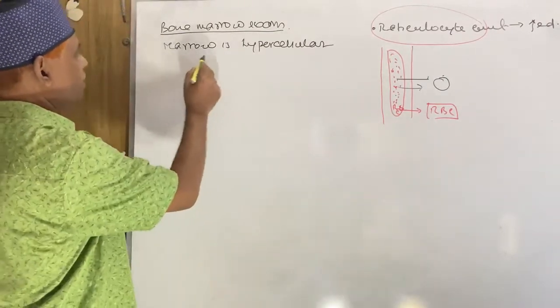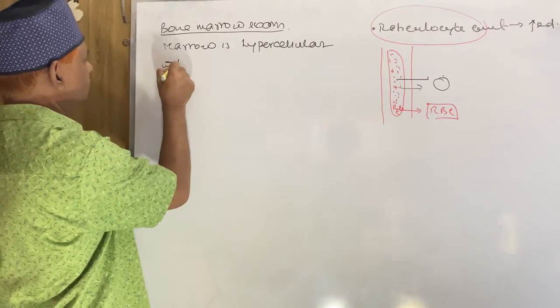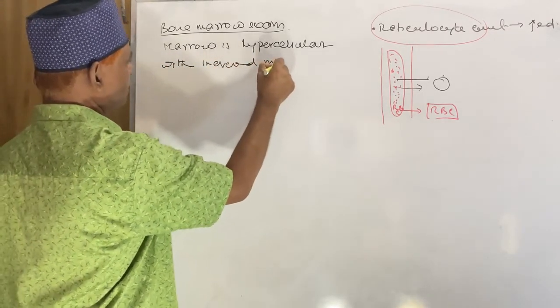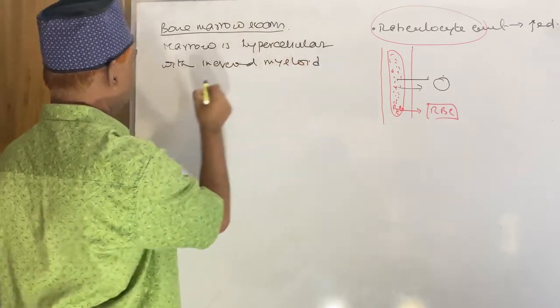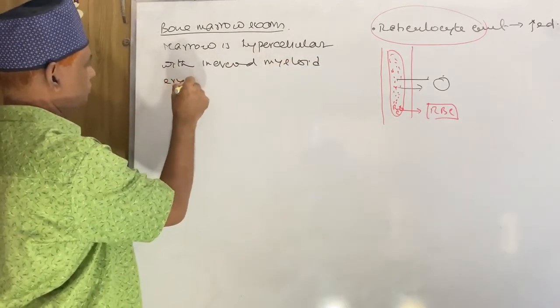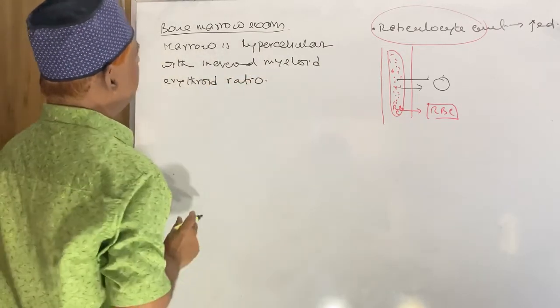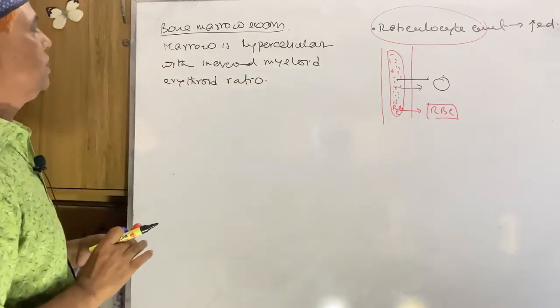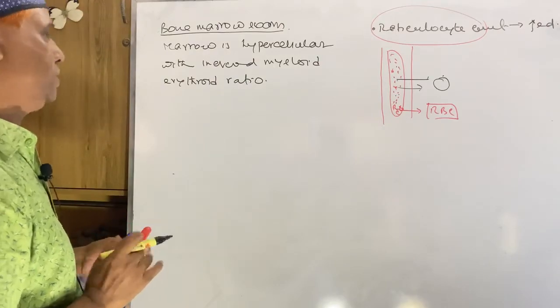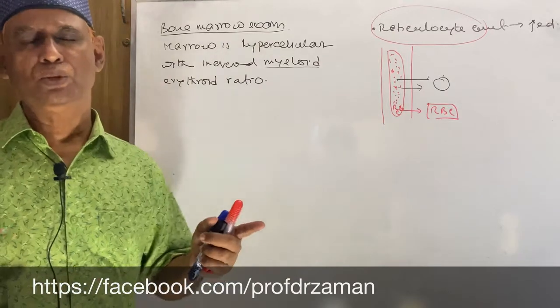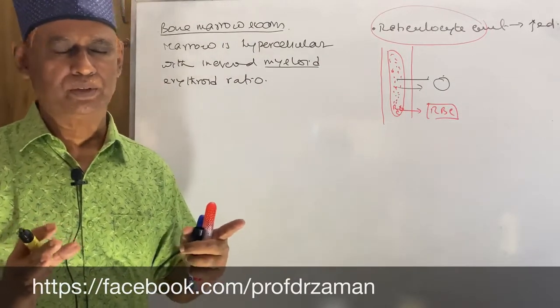So marrow is hypercellular with increased myeloid erythroid ratio. Why is myeloid increased? Because it is not a cancer of the RBC series.